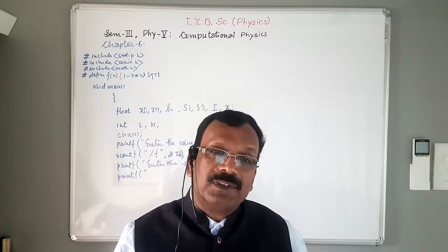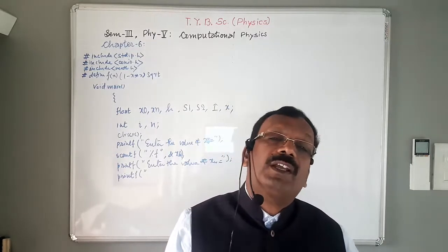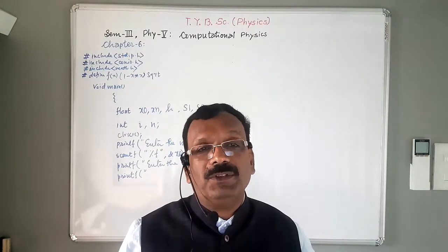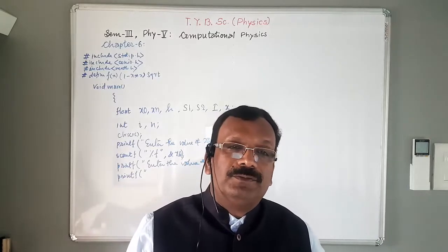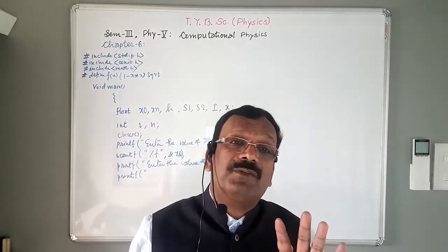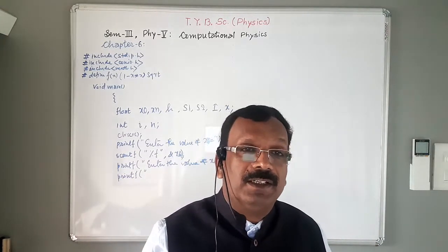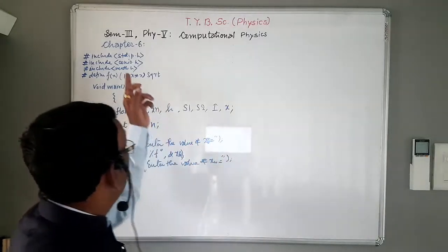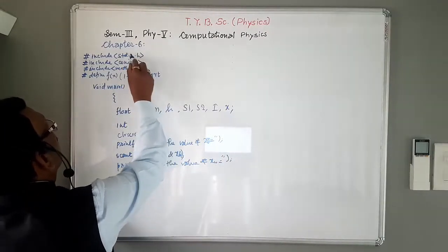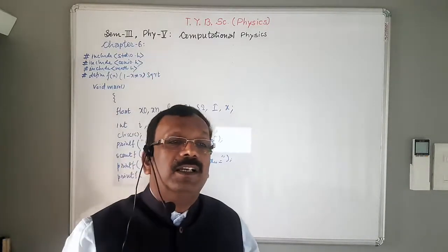When we are going to develop a program to find the value of integration using the trapezoidal rule, the program is very simple, but you have to include some important files from the C library: the standard input output header file, the conio header file, then the math header file.